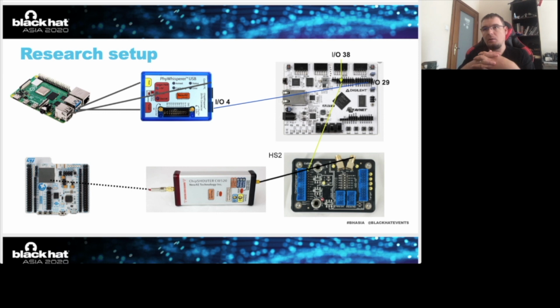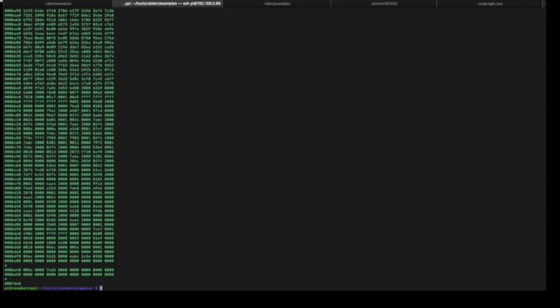So I pre-recorded it and cut out the most important part of the glitching process, because otherwise the video would be too long. So let's go for it. I will now run it.